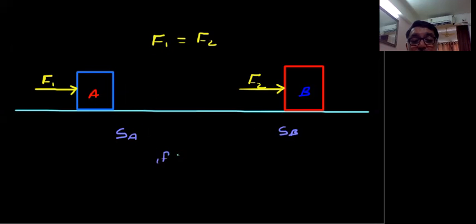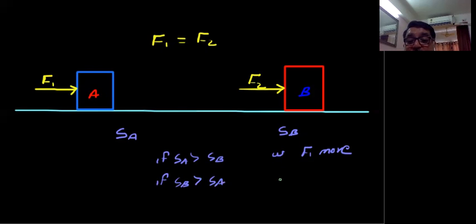If SA is greater than SB, we say work done by our force F1 will be more. If SB is greater than SA, then we say work done by F2 will be more.